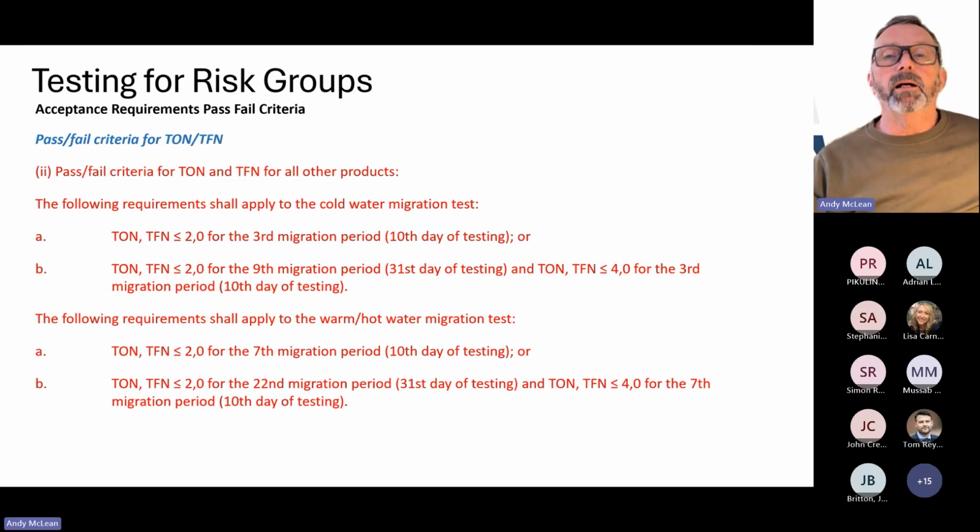Similarly, the threshold odor and the threshold flavor, there's the parameters that are the pass fail criteria for that as well. These taken from the relevant standards, obviously, but I've just put the headline so that if you were looking at a test report, you would know what to look for.